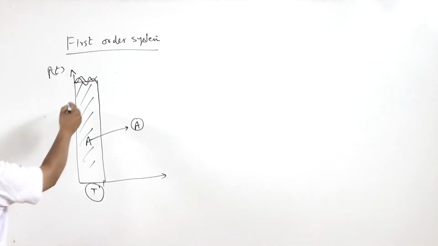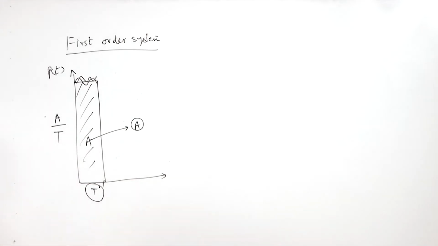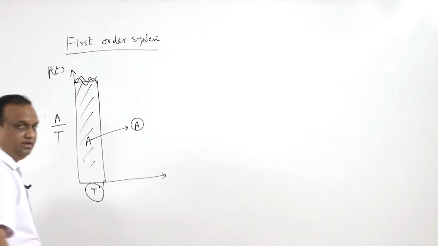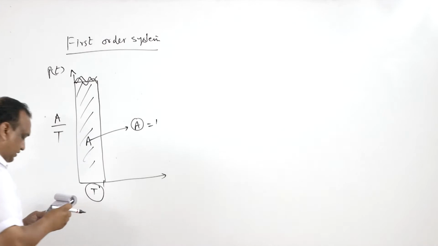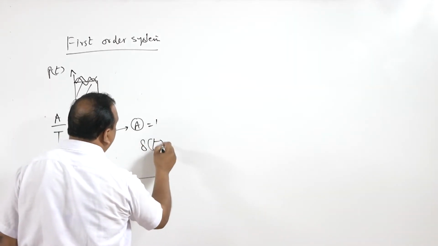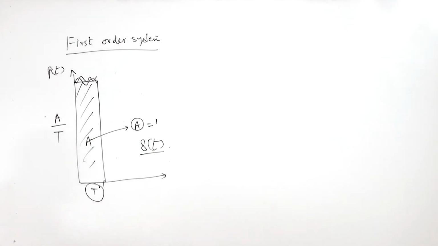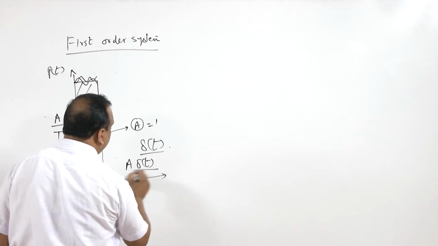And the magnitude in the y direction we can always assume as A by T. When A is equal to 1, it becomes the unit impulse function, and the unit impulse function can be expressed by delta t, or any impulse function can be represented by A delta t.